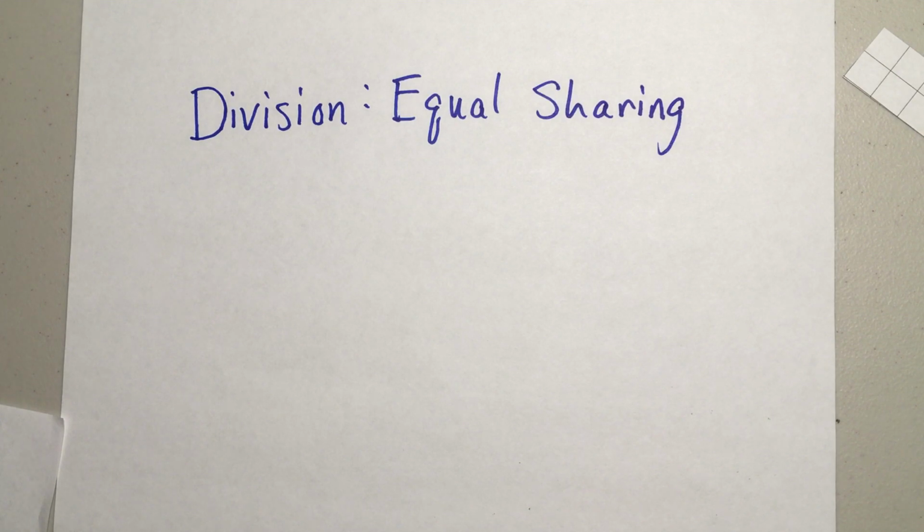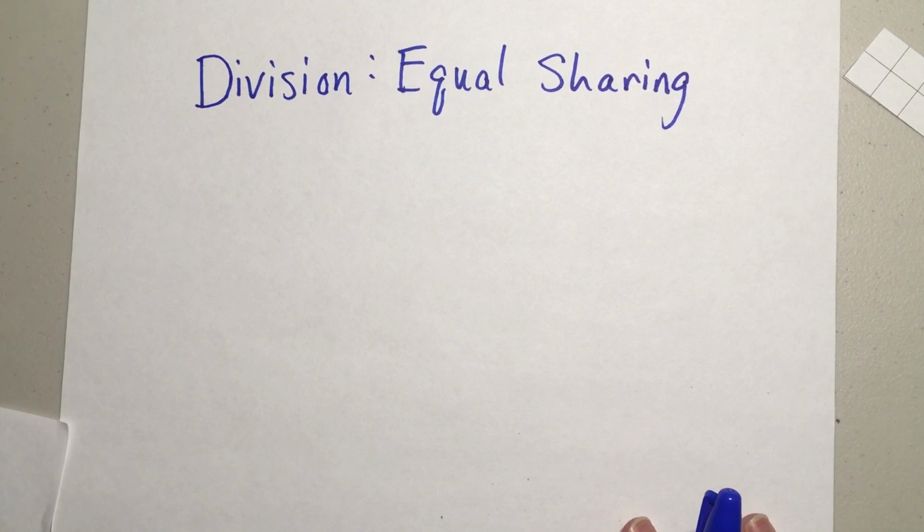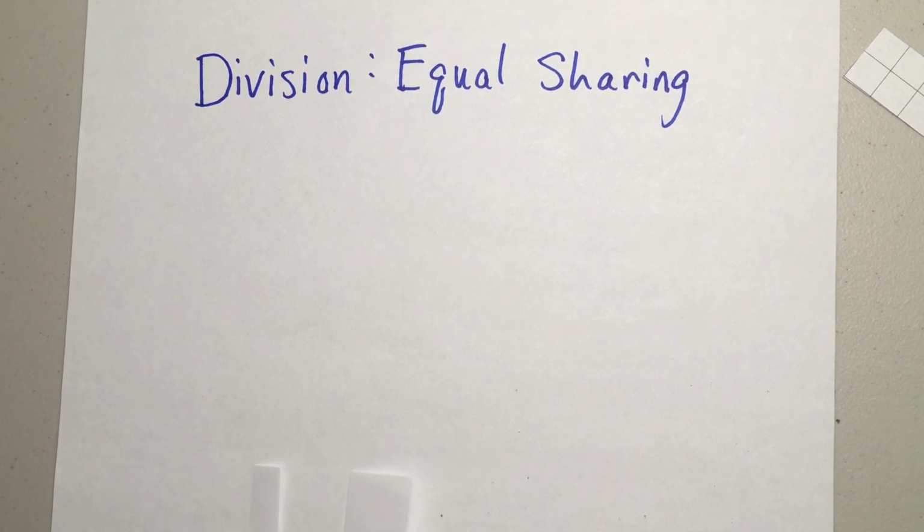So I'm going to show some examples, and we can introduce remainders as well, because a remainder is more common than having equal groups with division. But at first, when a child is just experimenting with the idea of division, remainders are not introduced. My students already have experimented with remainders, and they understand it just fine.